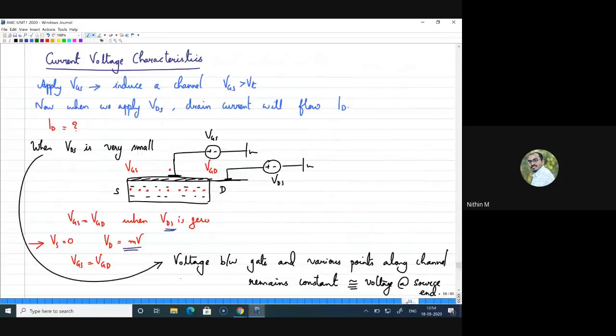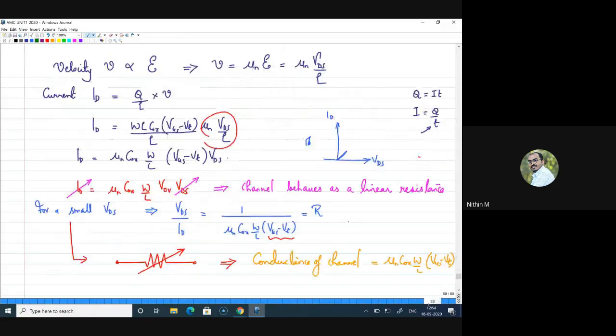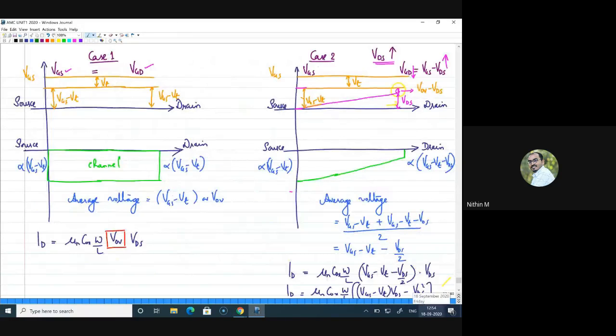So what we did today is we have looked at current voltage characteristics. We started with the understanding that your MOSFET is having a uniform channel. With that uniform channel, we looked at the voltage available at the source and drain, and we obtained the average voltage. With that, we have written the current equation.